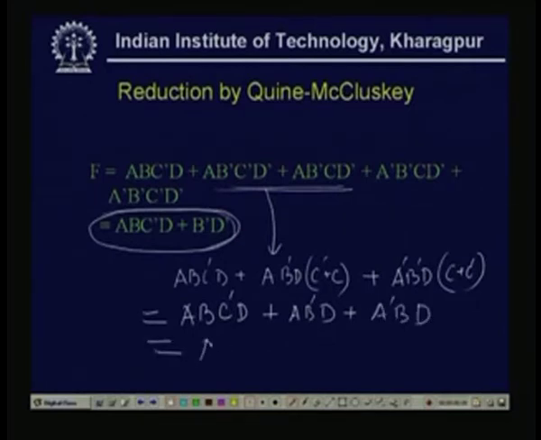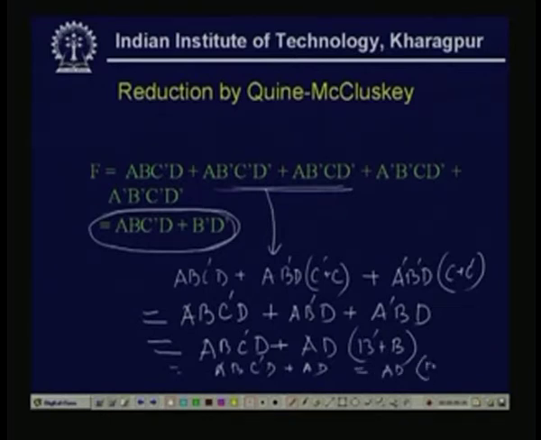This is equal to a b c' d. Again, from here, b' d' is common, so plus b' d' times a plus a', which gives a b c' d plus b' d'. Now, this type of reduction is possible if we apply the theorems.